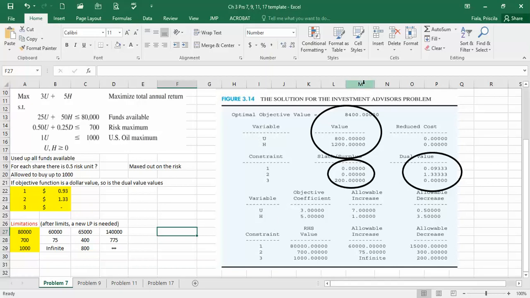Therefore, the sensitivity analysis tells us: what if I change this coefficient right here? What if I change the right hand side over here? What if I change the coefficients for the objective function? What would happen if these scenarios changed?